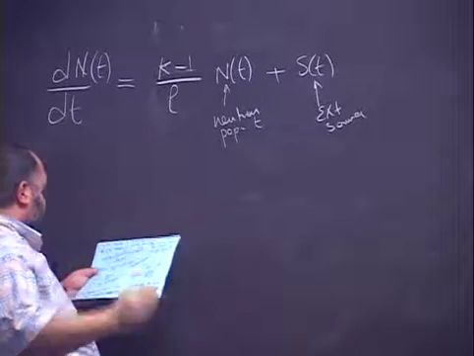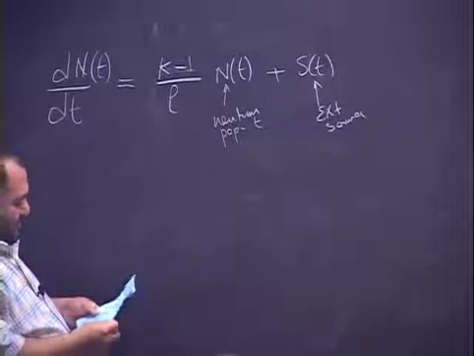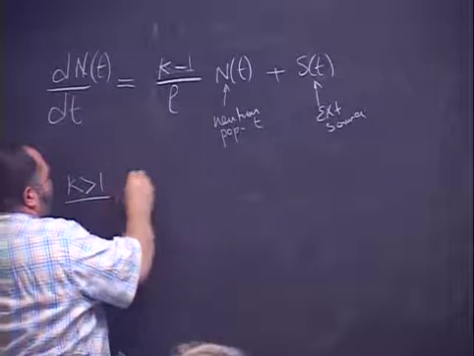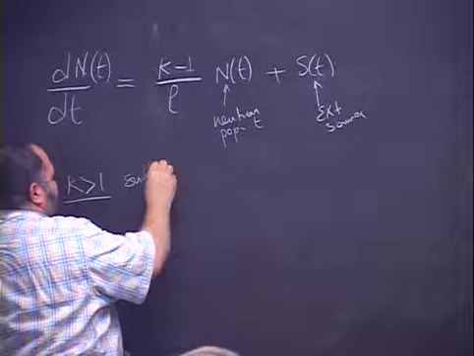Again, this is just the normal formula. Let's assume that k is greater than 1, which is a supercritical reactor.